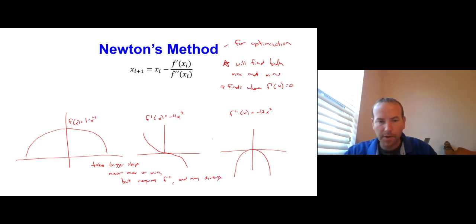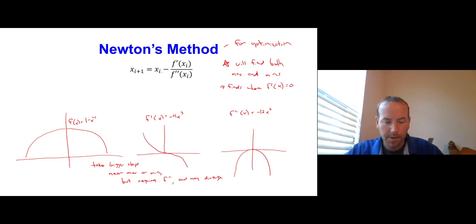So there's just certain function shapes that it will not find the maxima or minimum for. Okay, so that's what Newton's method looks like in abstract, where it looks a lot like steepest descent, but instead of the step size, we're replacing in the denominator with f double prime.